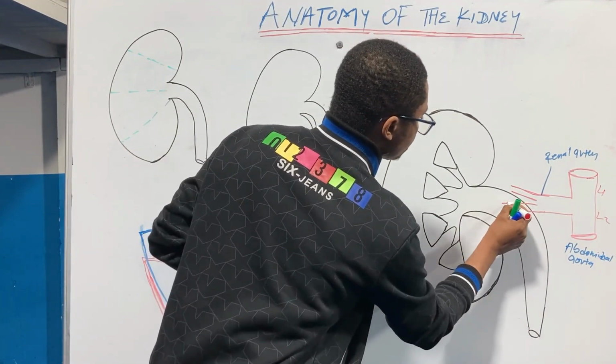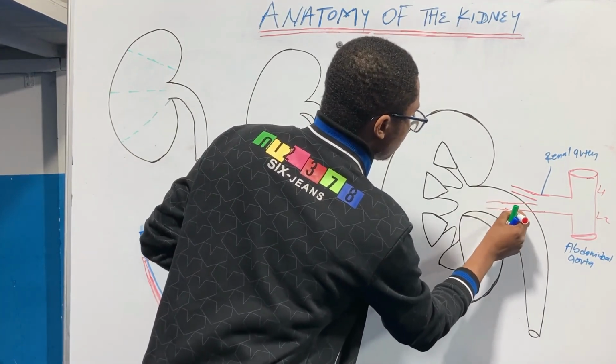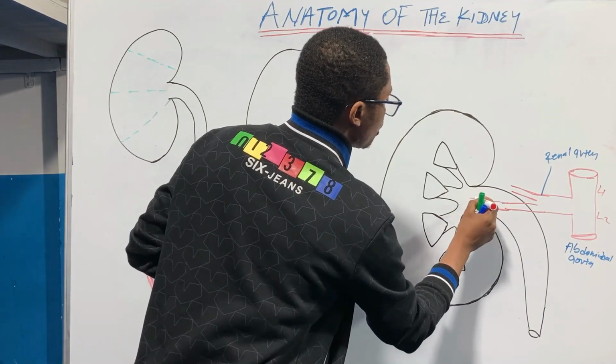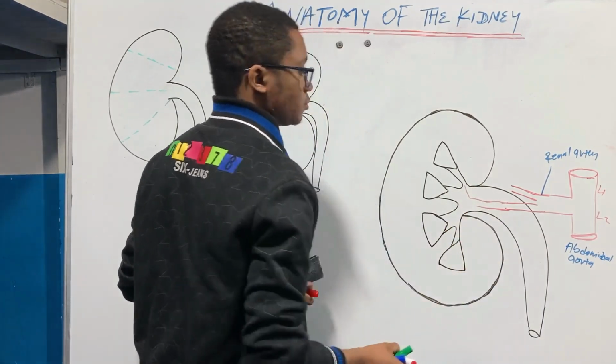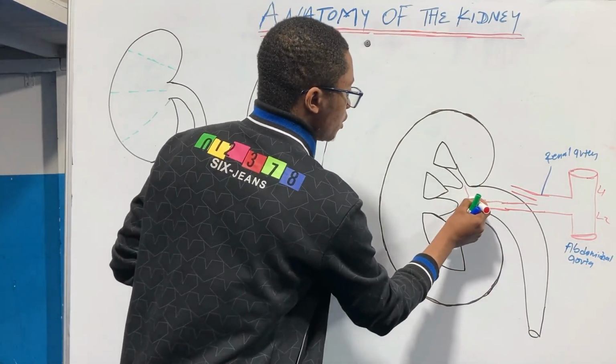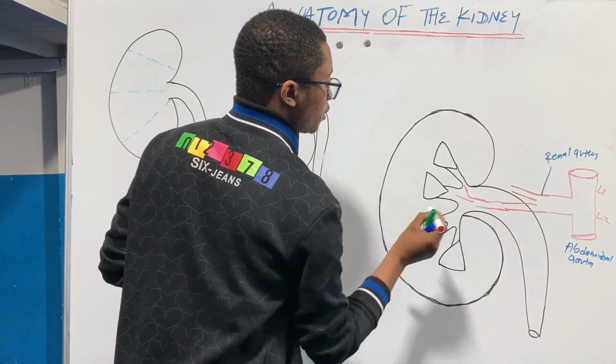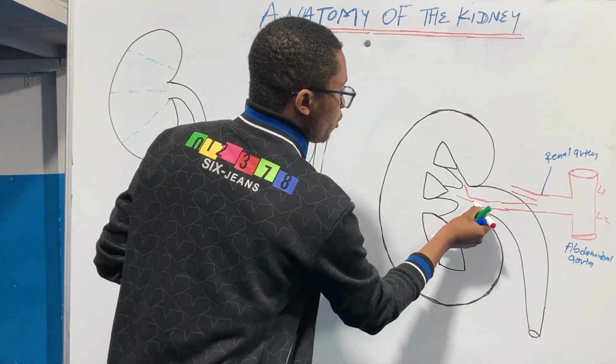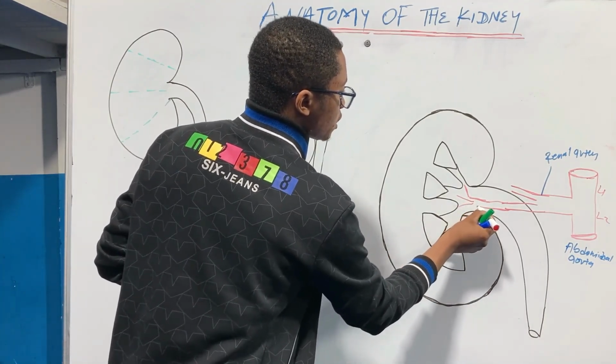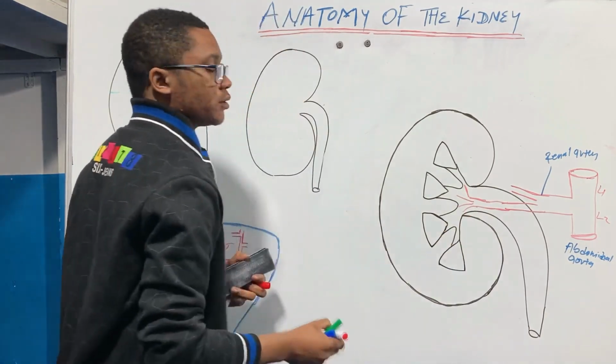These segments are, first off, a superior segmental artery, then a superior anterior segmental artery, then an inferior anterior segmental artery, and lastly an inferior segmental artery.